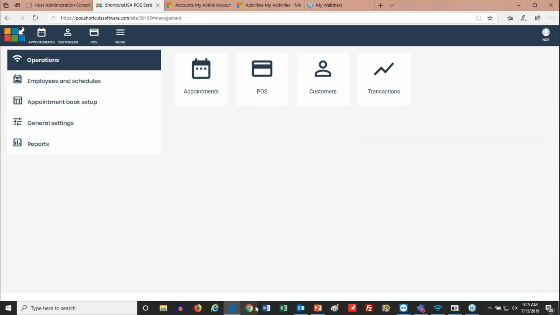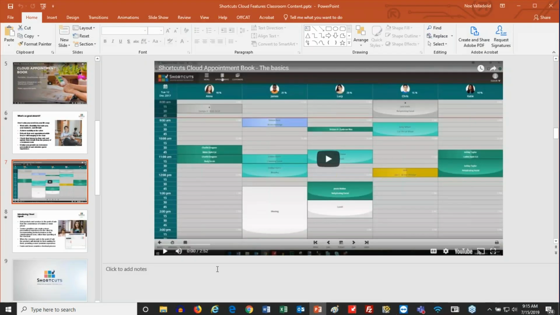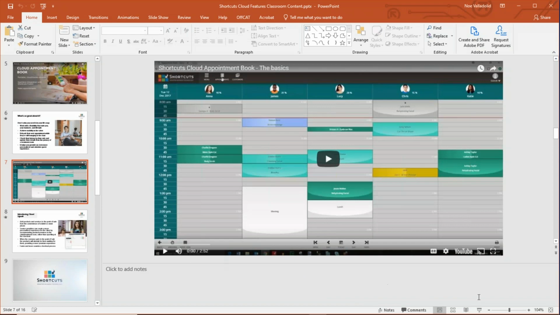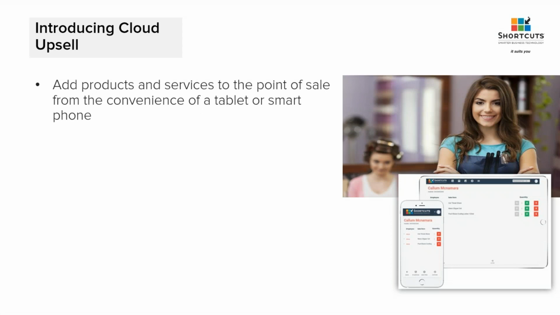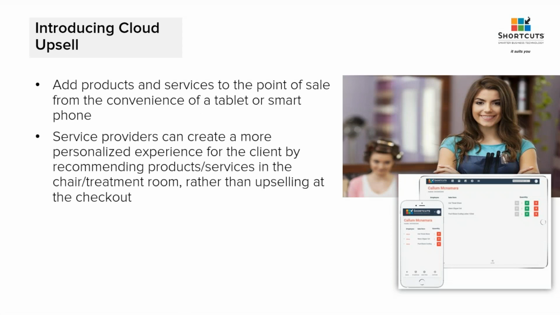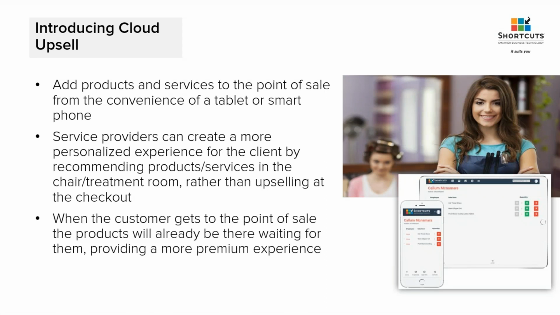Okay, so let's go back. So provided that you're able to make an appointment, which you should be. So not only can you make appointments, look up clients, update their contact details, their history, it's all of that. We're also incorporating cloud upsell so that in the actual cloud, you can add products that the client would like to purchase.